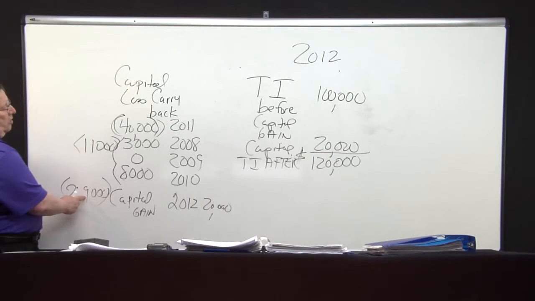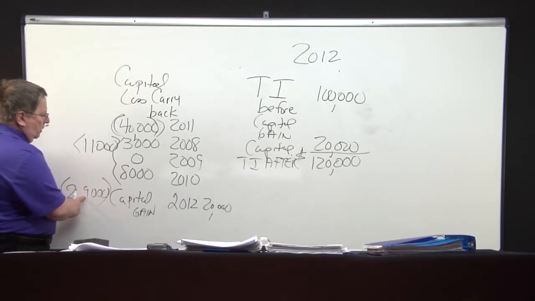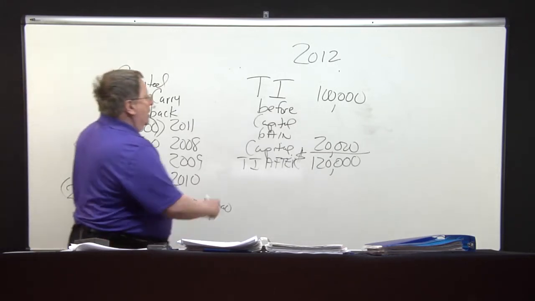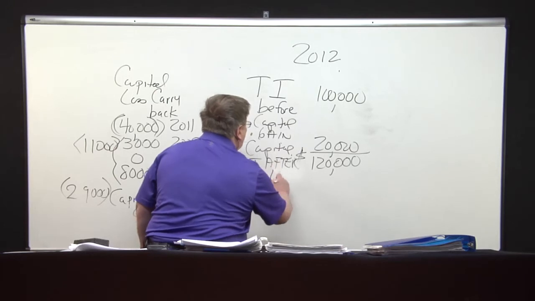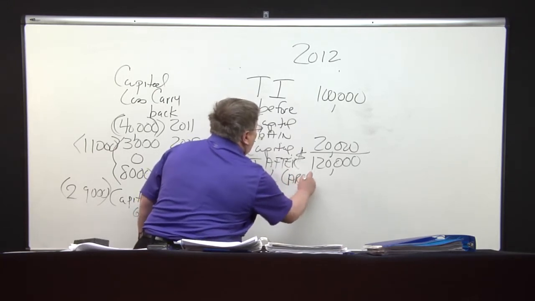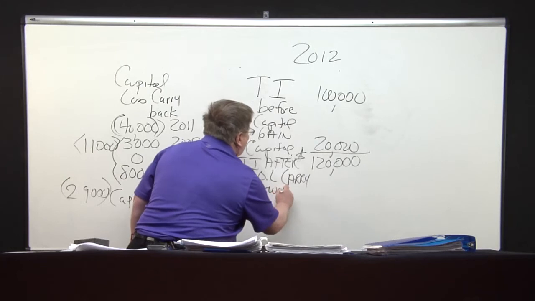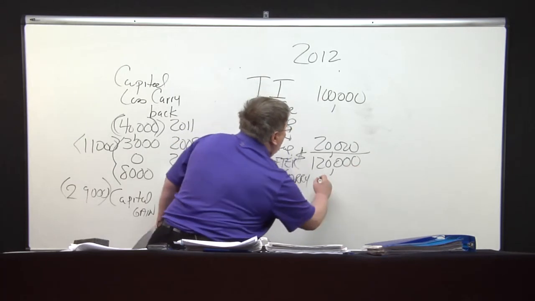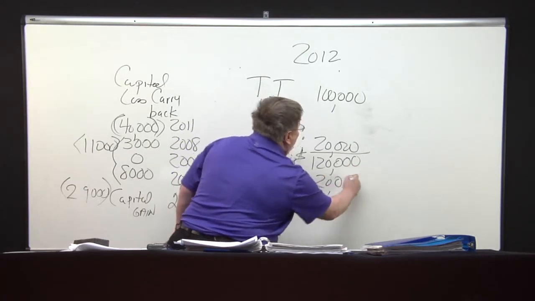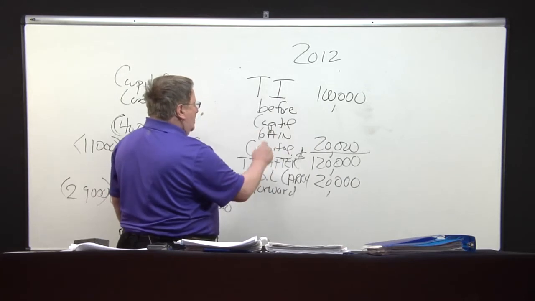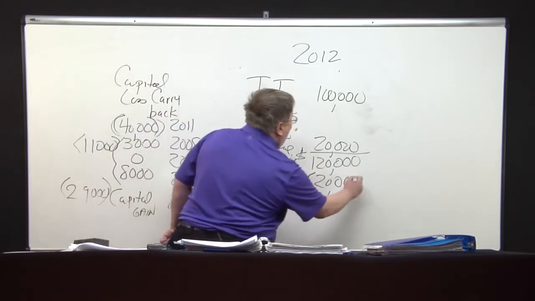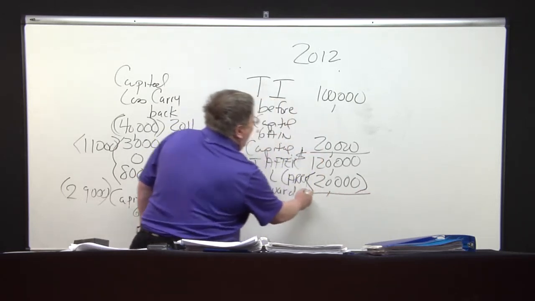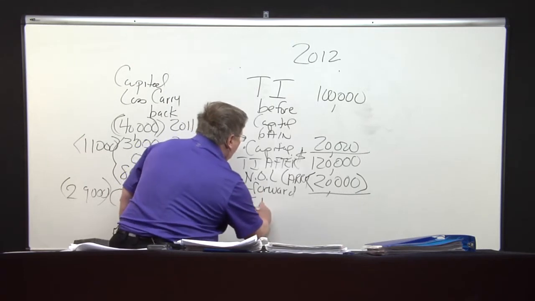So if you got a $29,000 capital loss carry forward, and you only have a 2012 $20,000 capital gain, then your net operating loss carry forward cannot exceed the amount of capital gains for 2012. So I can deduct on my Form 1120, all right, the net operating loss carry forward of $20,000, all right, up to the amount of capital gain that was taxed.